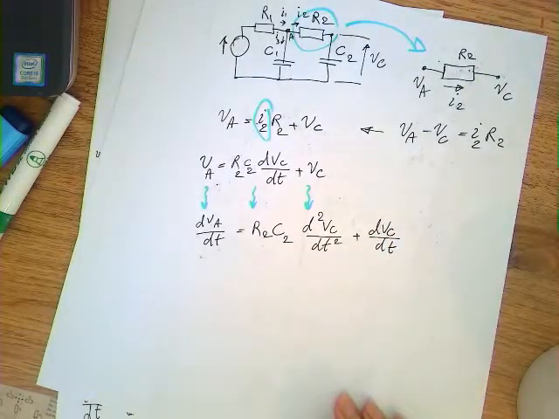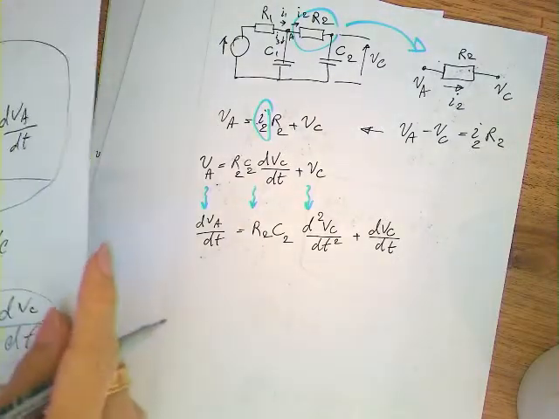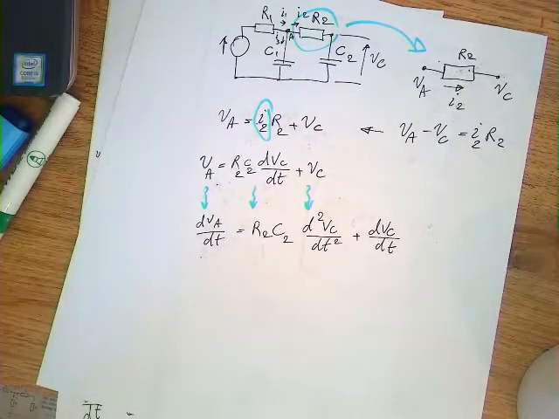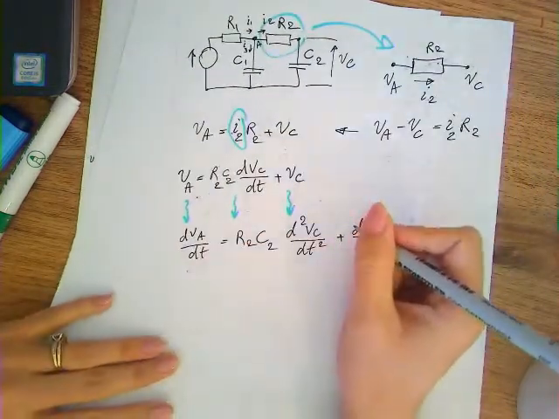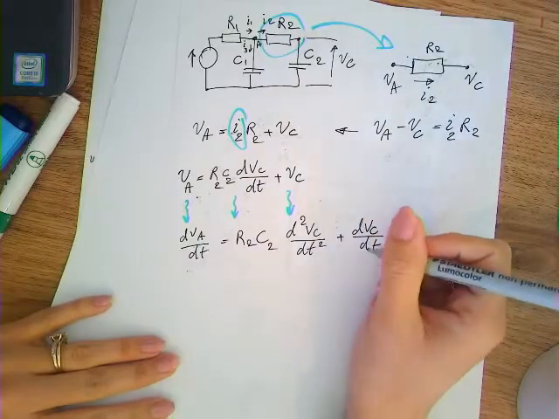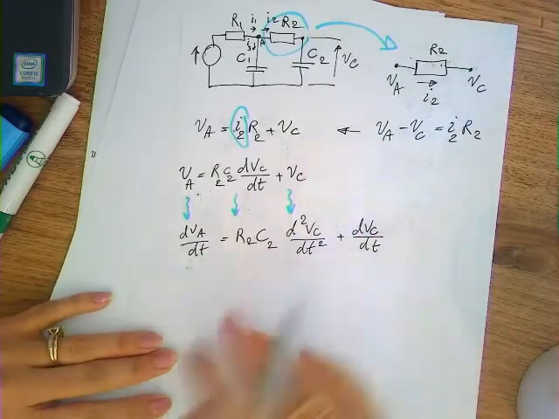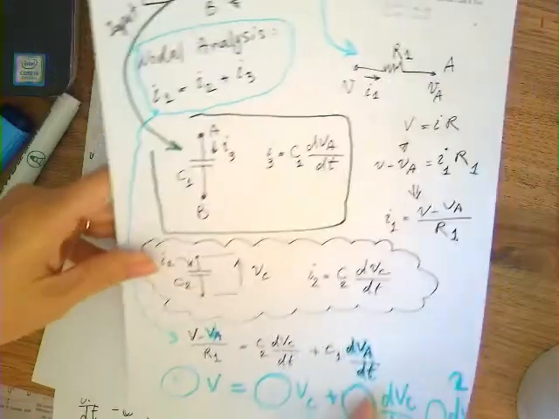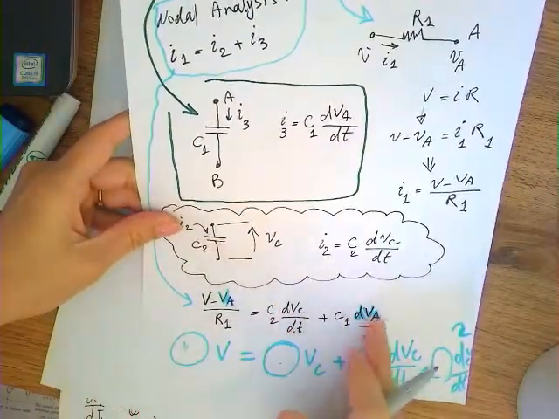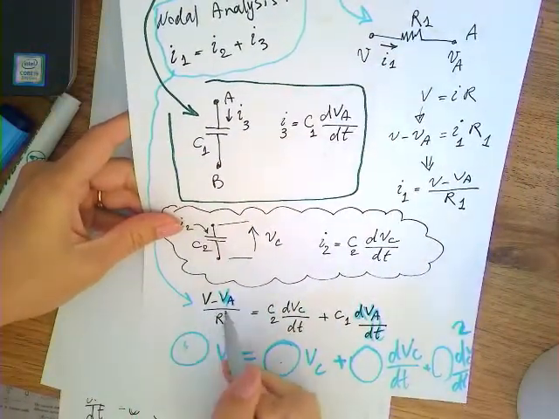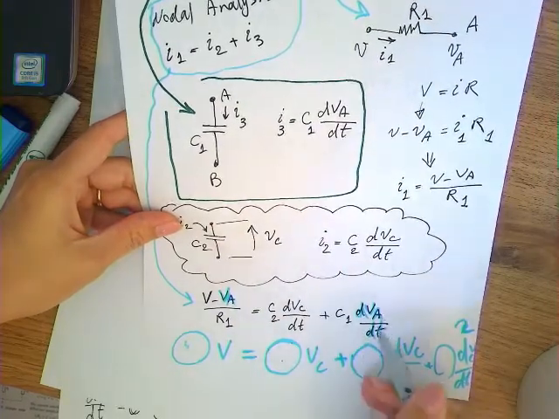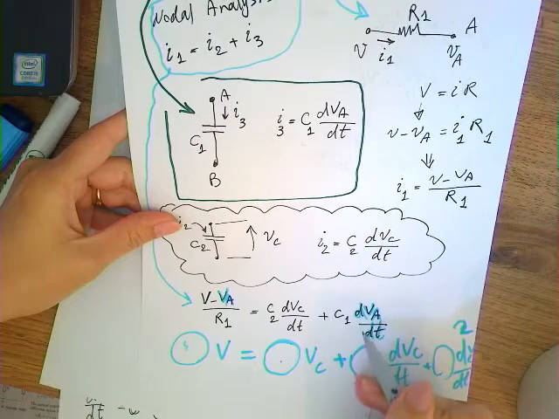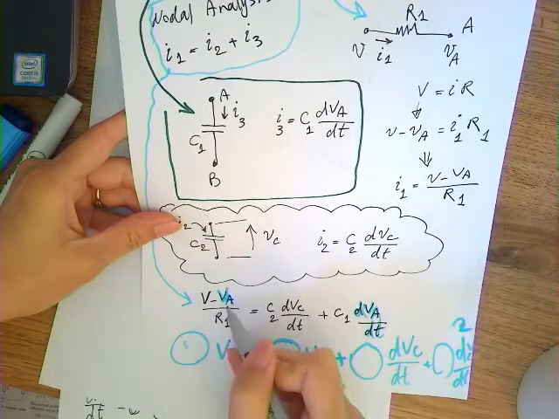So this is useful because I'm going to use that in the next few minutes. Now I'm going to look at this equation that I ended up with here, and I'm going to replace the relationships that I found for the derivative of VA over time and the VA itself.